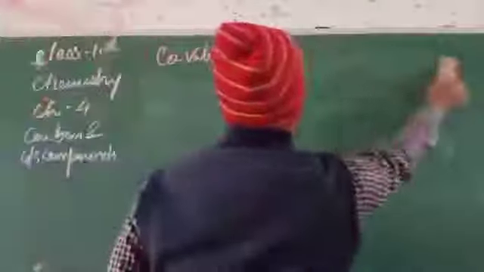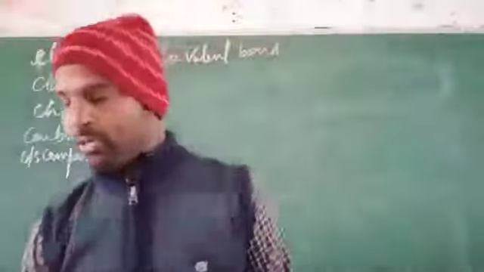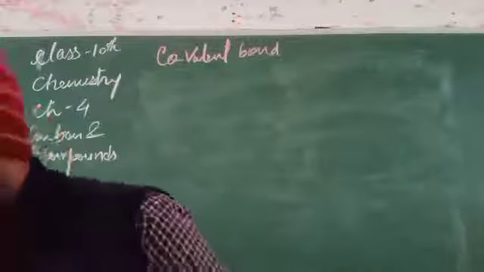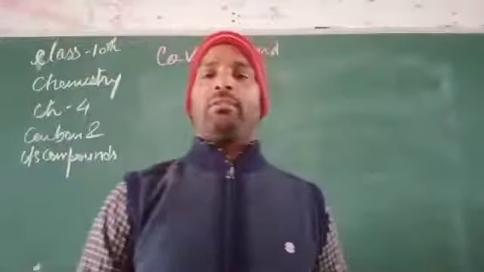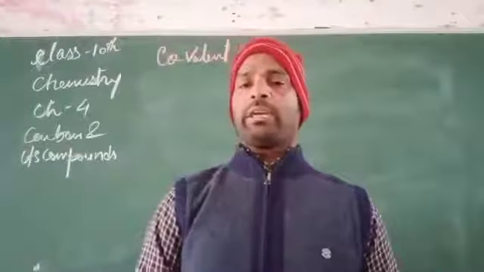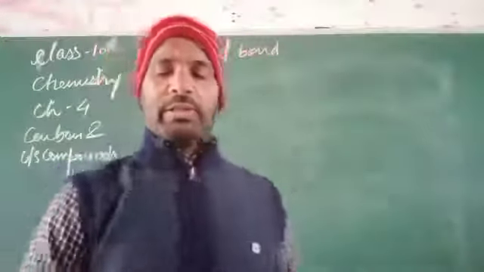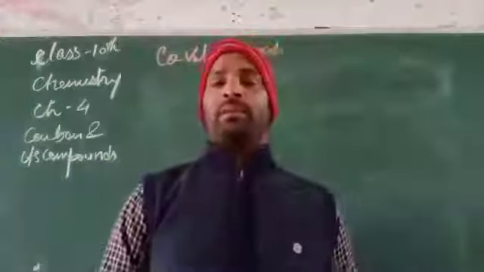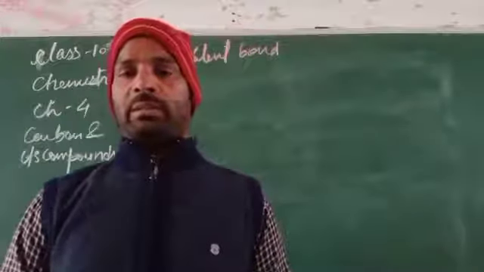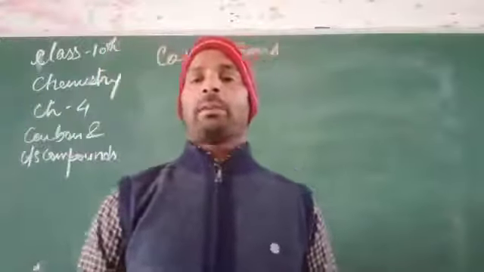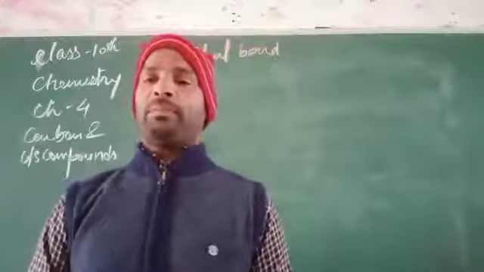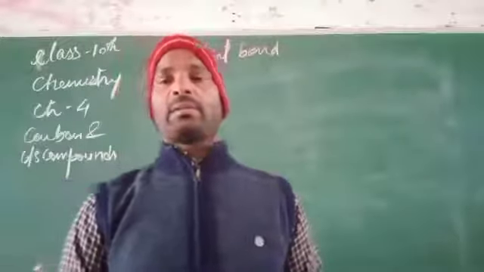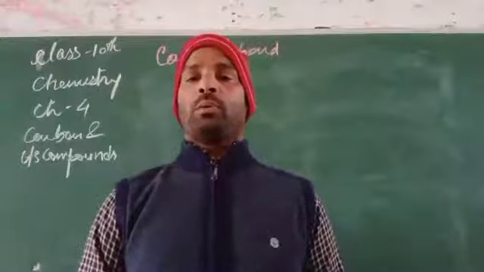The formation of a covalent bond takes place on the basis of the number of electrons shared. On that basis, the covalent bond is classified into the following groups. If one pair of electrons is shared, that forms a single covalent bond.